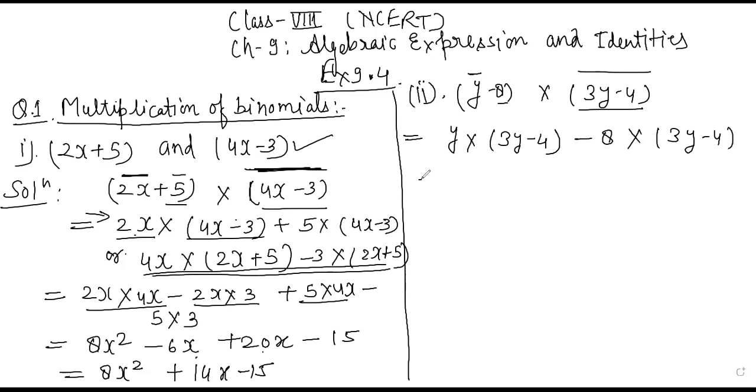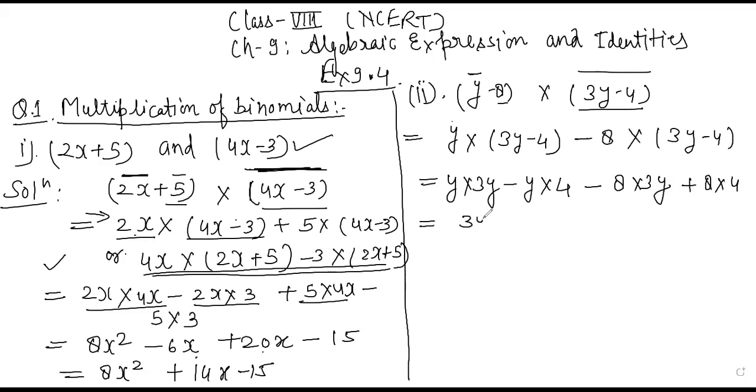Now here you have to concentrate on the multiplication part. Now y is multiplied by 3y. This is monomial, this is binomial, the same process that we have done in the previous question. Y into minus 4, minus 8 into 3y. Now look, there is minus, there is minus, so minus minus will make a plus sign, 8 into 4.